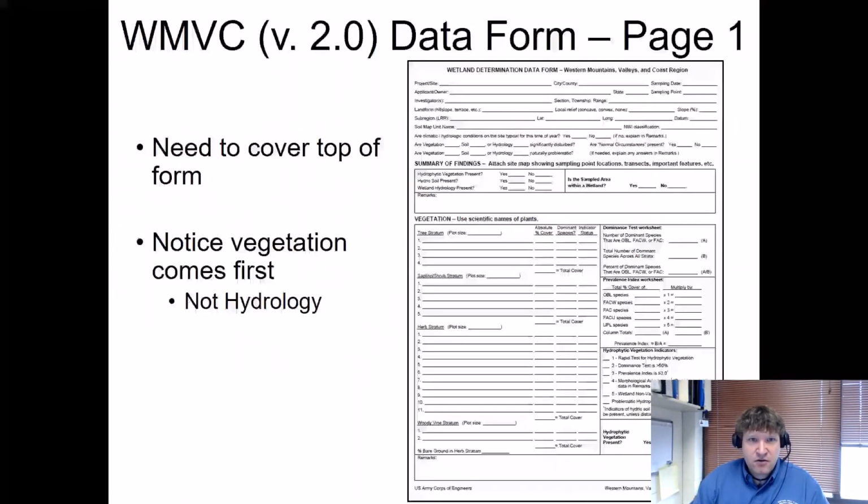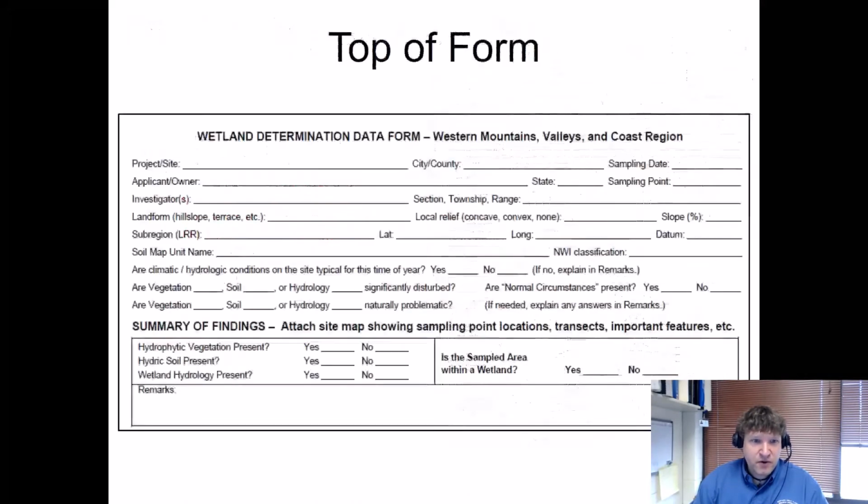So in particular, on the data form, and this data form shows the Western Mountains, Valleys, and Coast Region data form, the top of the data form has a couple questions that this tool may help us address, including: are climatic/hydrologic conditions of the site typical for this time of year?